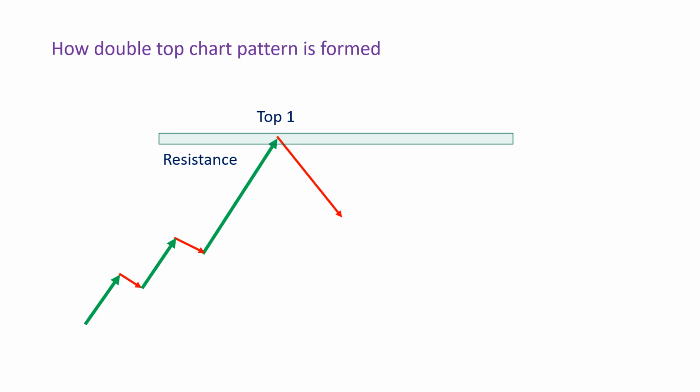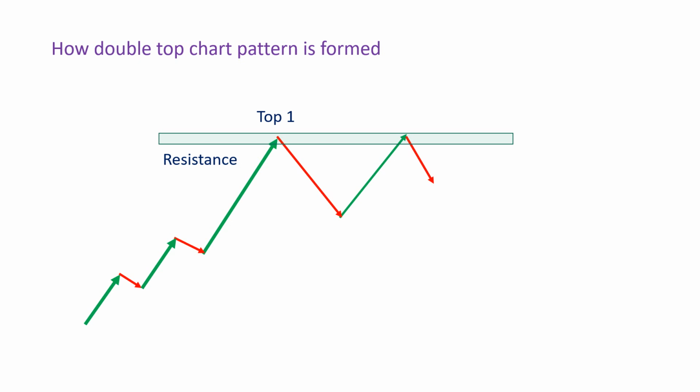If the uptrend wants to continue, then the price should make another higher swing high, higher than the previous one. The price rallies up to make another swing high where top one is located, but it fails to go higher and instead retests this resistance level and bounces back.